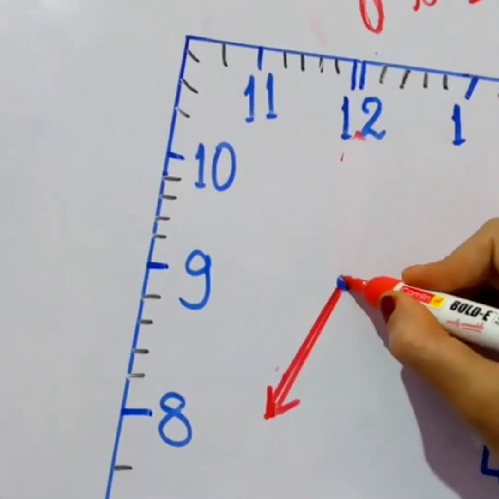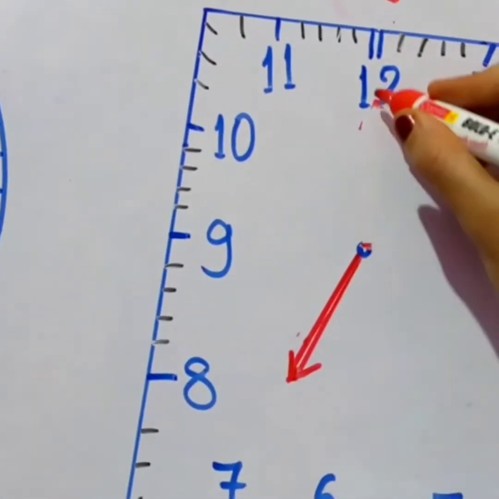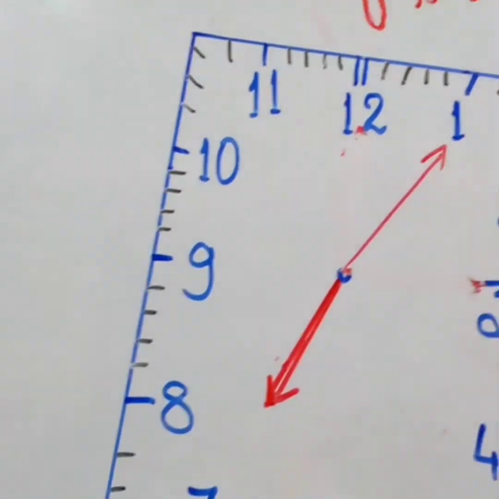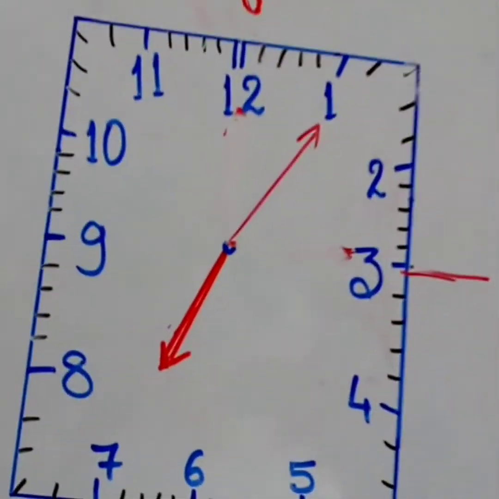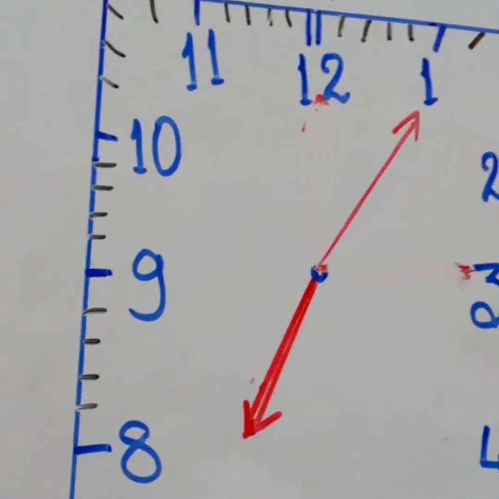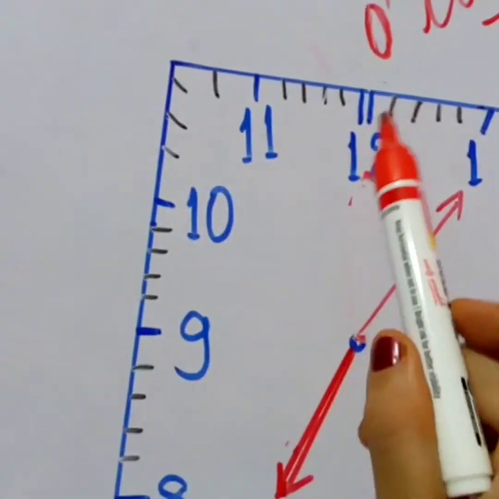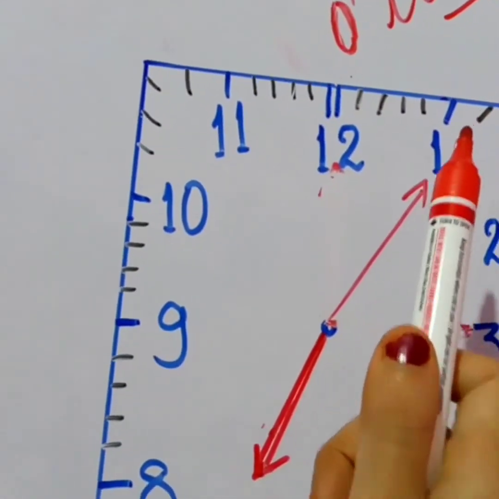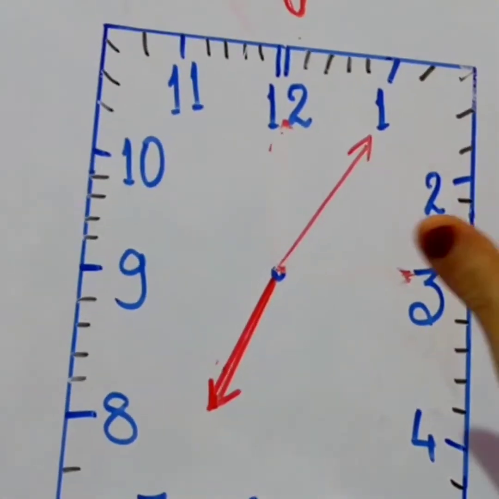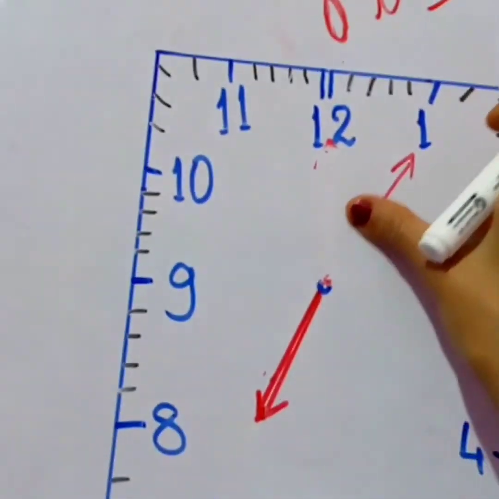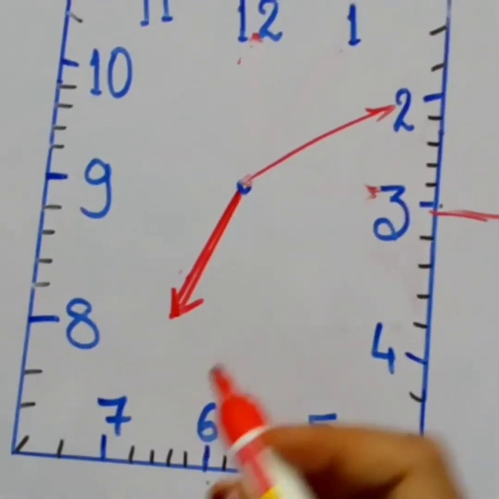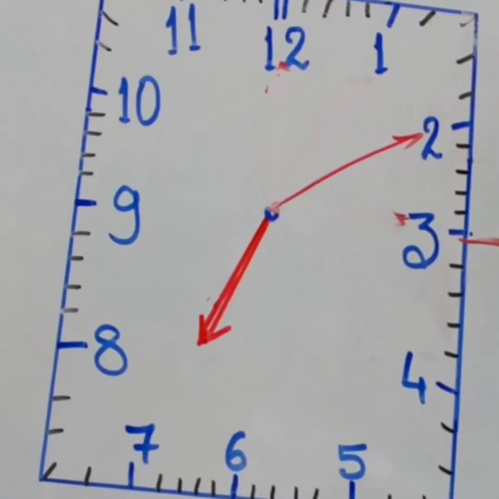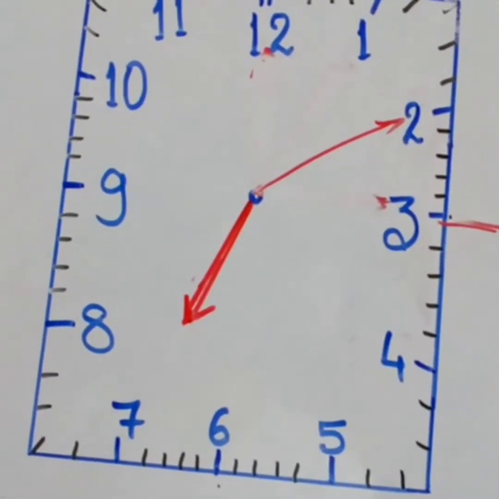Okay, first, if the hand moves from 12 to 1, then it is said as 5 past 7. It means after 7, 5 minutes are completed. Now, if the hand moves from 1 to 2, it is said as 10 past 7.